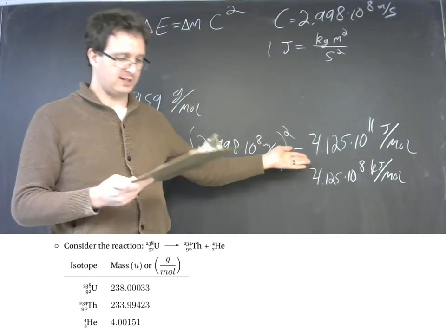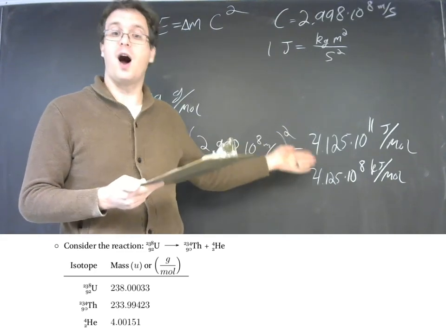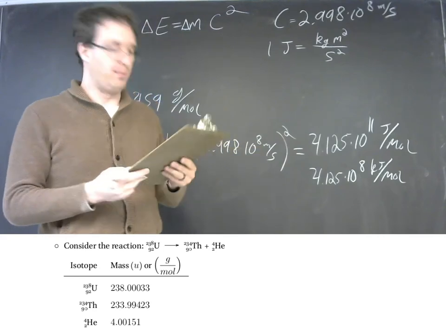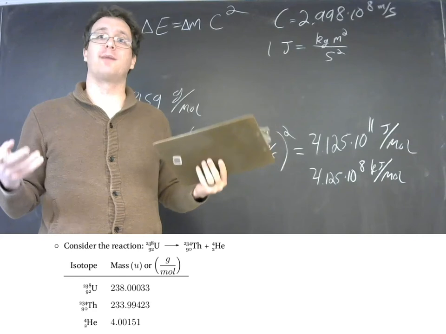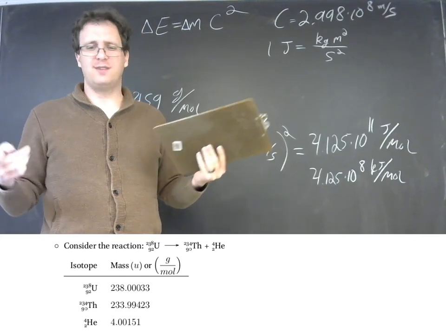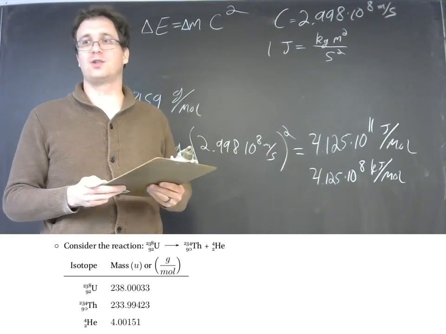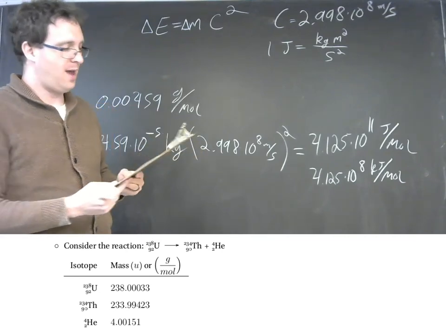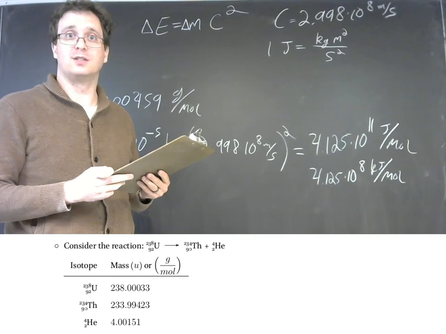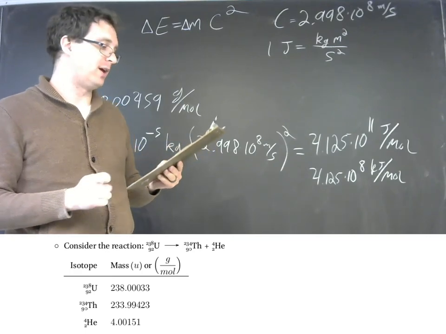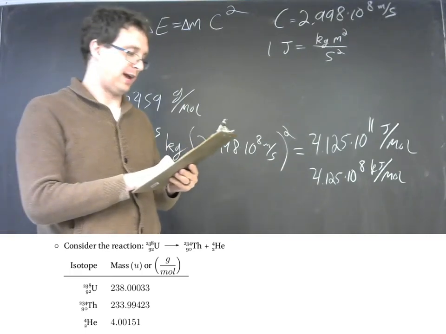And this is 100,000 times more energetic than even the most exothermic of chemical reactions. The energetics of nuclear reactions is really in a whole new field when compared to chemical reactions.